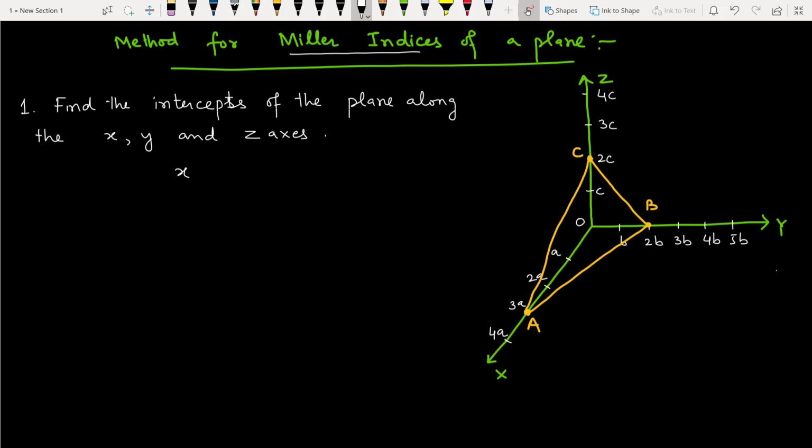For the x-axis, intercept is 3A. For the y-axis, intercept is 2B. For the z-axis, intercept is 2C. So number one, find the intercept.